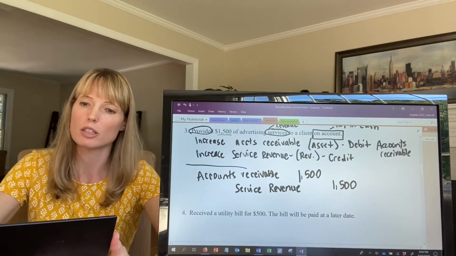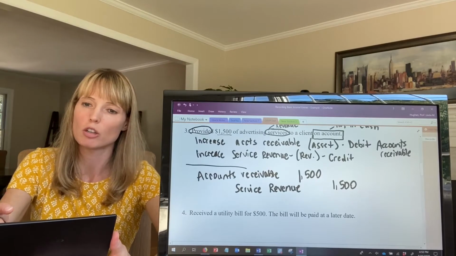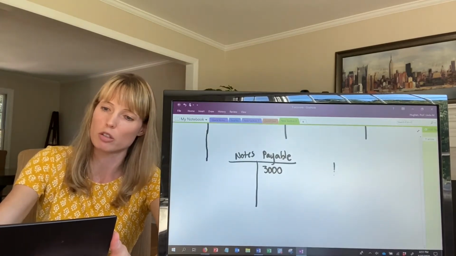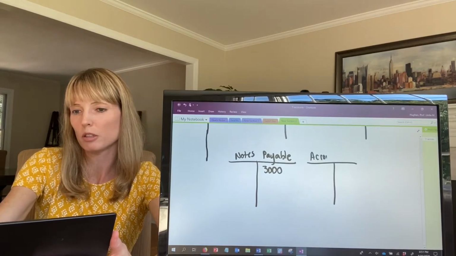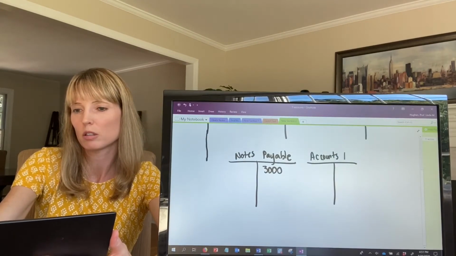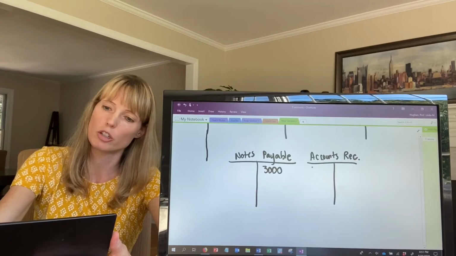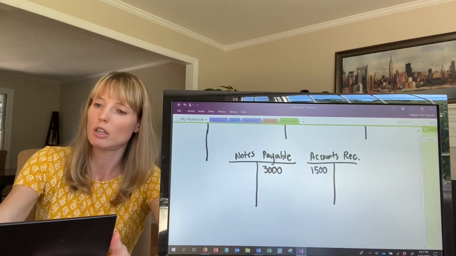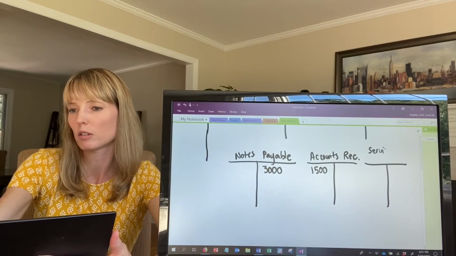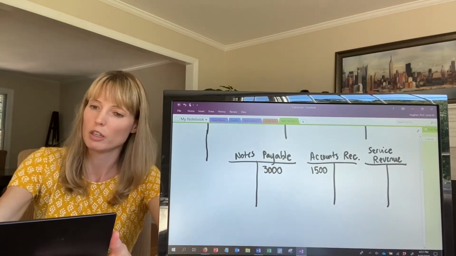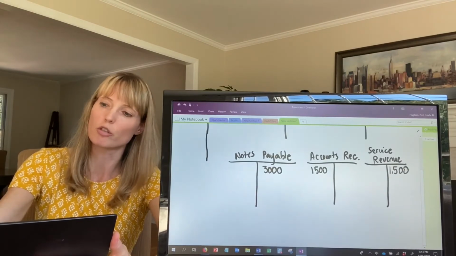We need to post this transaction to the specific ledger accounts. So I'm creating a ledger account for accounts receivable, increased by $1,500, and I want to create a service revenue account and show that we've earned $1,500 in revenue.